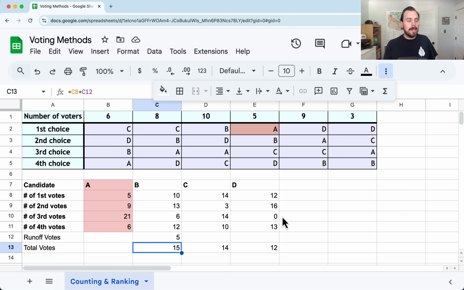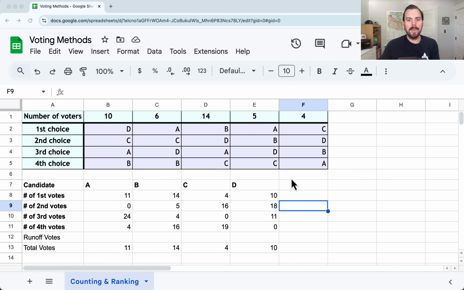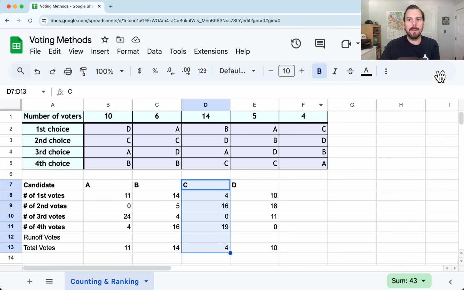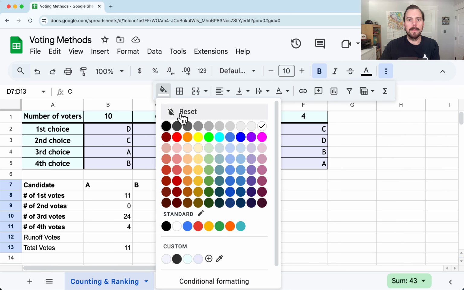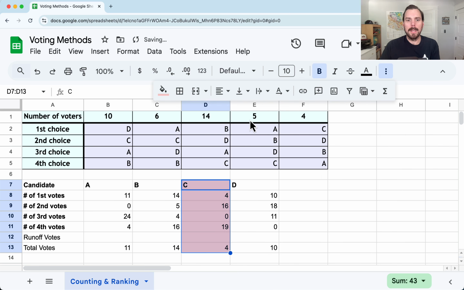We might potentially have a situation where we have to do a second round of eliminations. Here we would eliminate C first, C only having 4 votes. So I will cross out C here. That's going to remove this group.